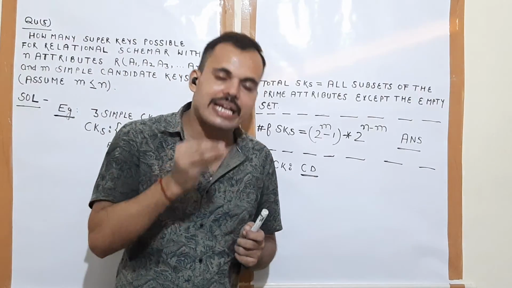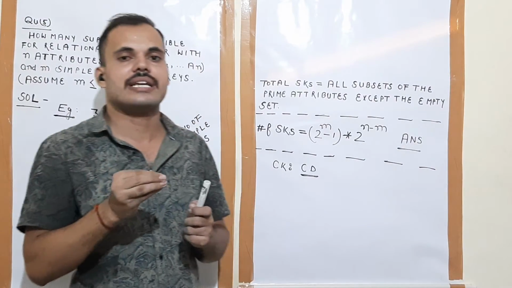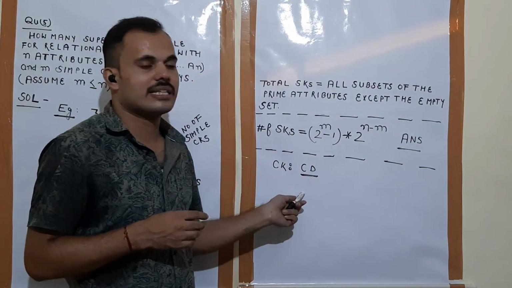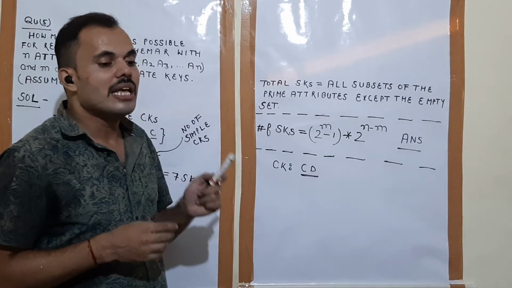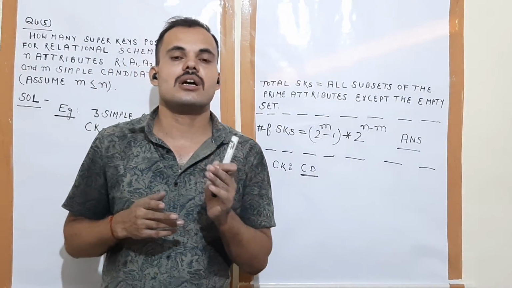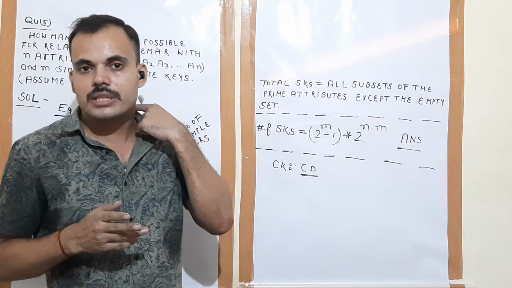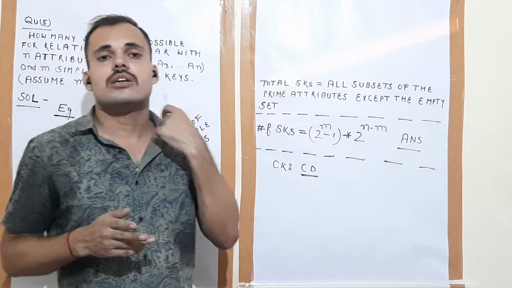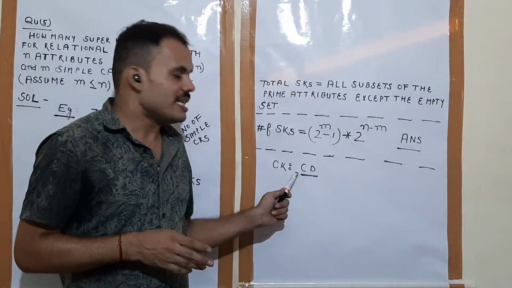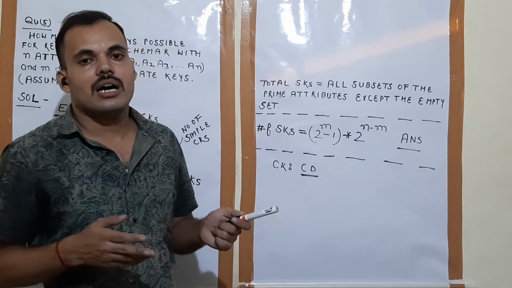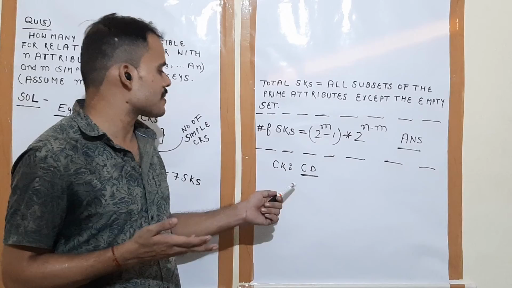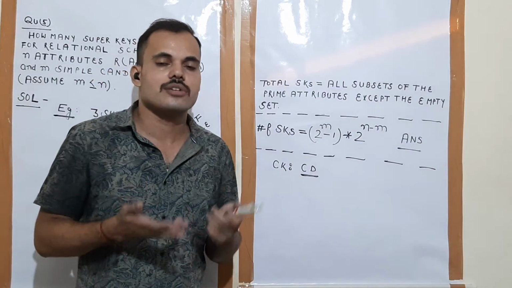If any candidate key is a compound candidate key, then this is not possible, because if CD is the candidate key and it is a compound candidate key, then not all subsets of the prime attributes will be super keys, because C is a proper subset of the candidate key, so it is not a super key.